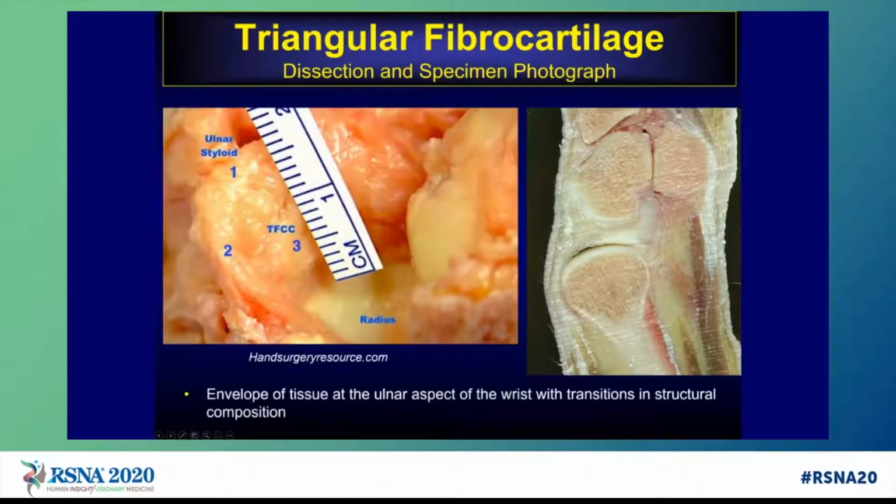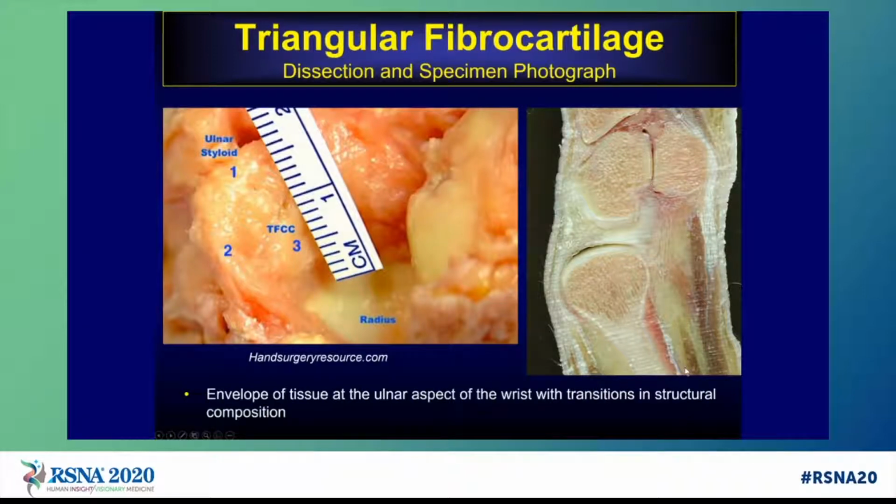If we put on the hat of the orthopedic surgeon, this is how the triangular fibrocartilage may be perceived. The dissection here shows the radius, the triangular fibrocartilage reflected with the ulnar styloid here, surrounded by a mantle of tissue that composes the complex structures of the triangular fibrocartilage disc proper.